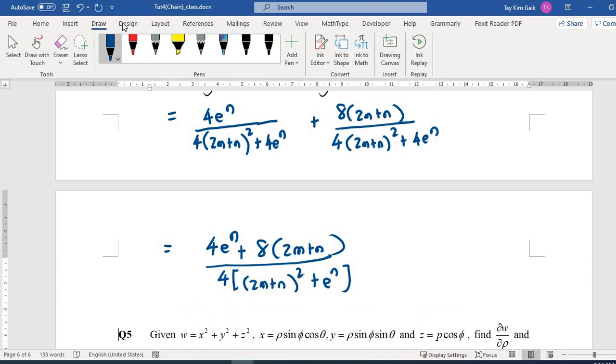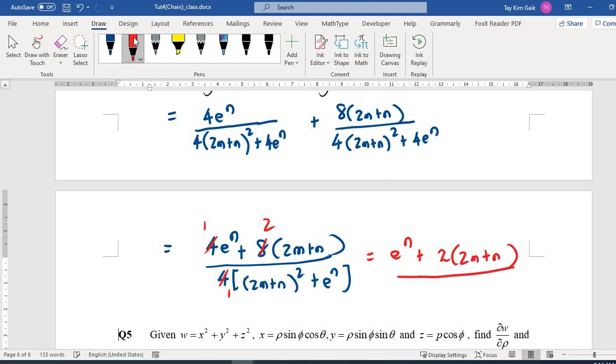So we're going to simplify 4 here. 4 times 1, 4 times 2. So the answer is exponent n plus 2 times 2m plus n divided 2m plus n squared plus exponent n.